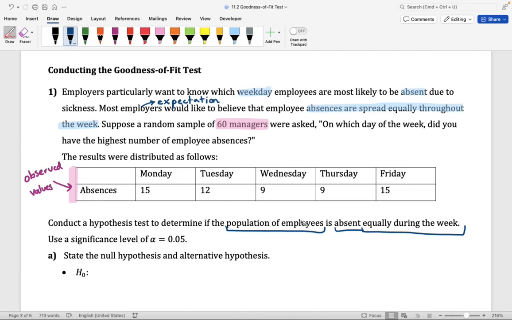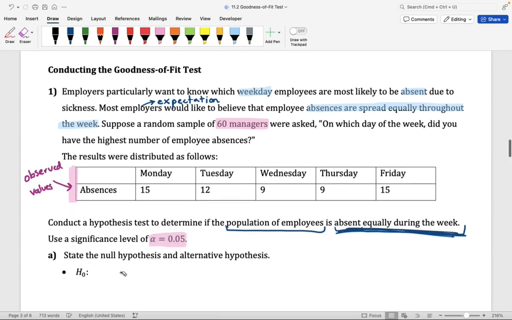You're not directly being asked to conduct a goodness of fit test, but you should know that you need to conduct a goodness of fit test because you're trying to determine if the data coming from the population of employees follow this distribution. Now, here we're being asked to use a significance level of 0.05. We're going to keep that in mind, and we're going to need that later to make a decision.